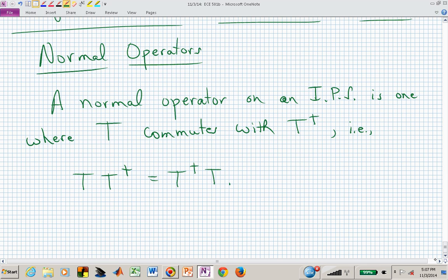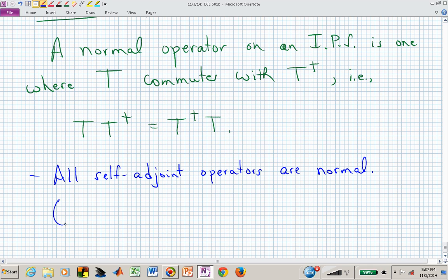A consequence of this definition is that all self-adjoint operators are normal operators, since if it's self-adjoint, T equals T dagger, and if you now have T dagger, well, you could say that that's T, since T dagger is equal to T, and now we can say, well, the first T is equal to T dagger.